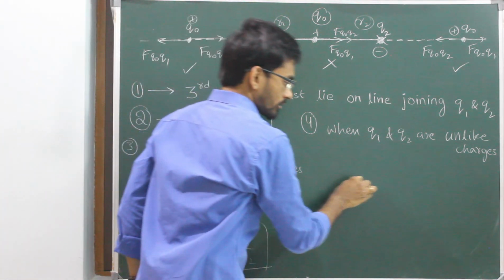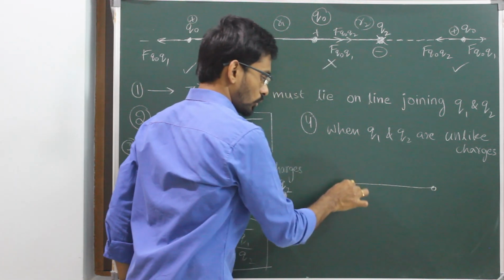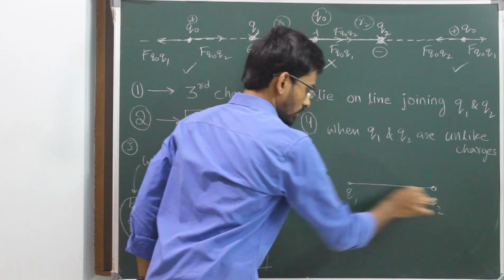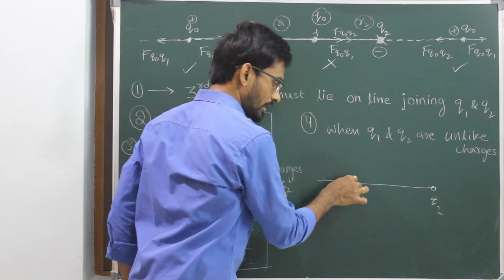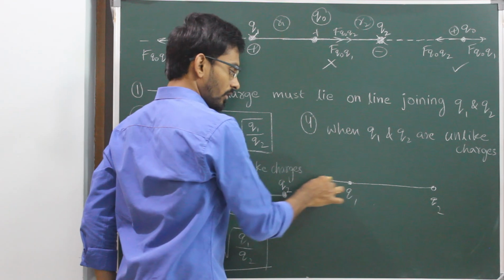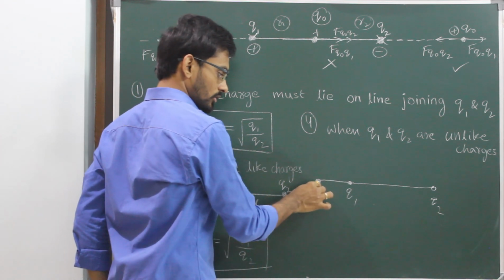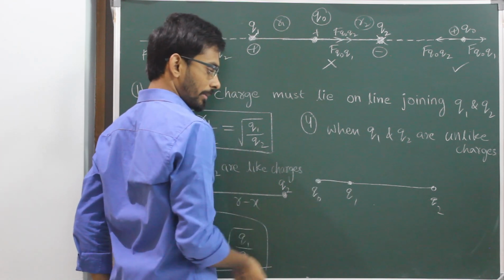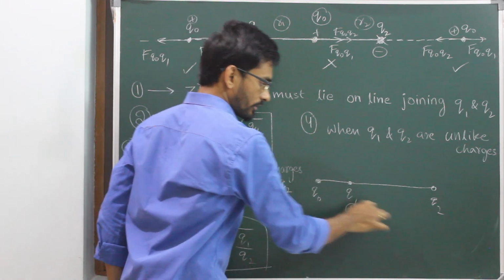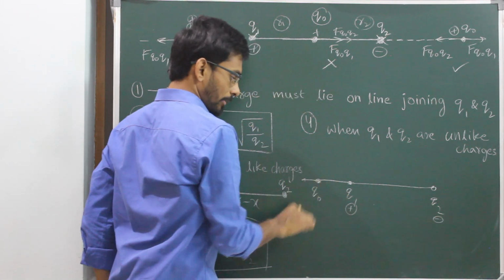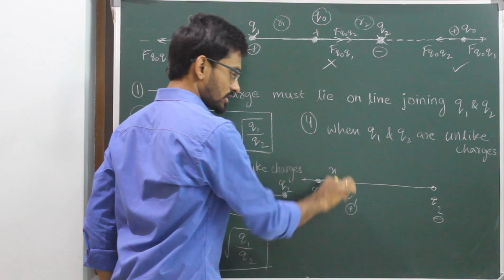So now we will take the condition. If the magnitude of q1 is less than q2, then we will take the equilibrium position to be here. So this is q0, let us say here it is equilibrium. Now this is positive and this is negative, so there will be repulsive force here. Let us take this distance as x.